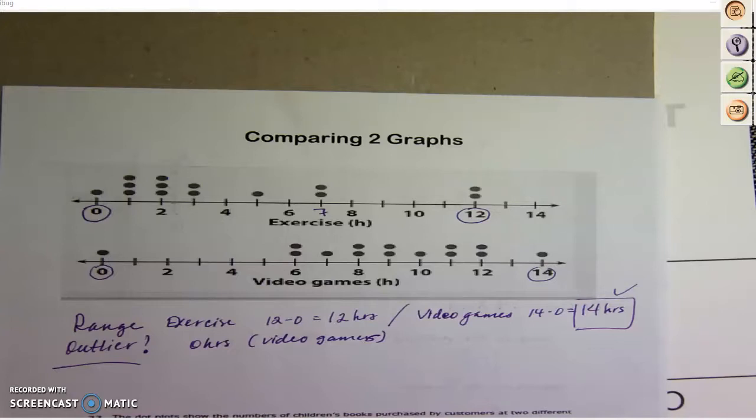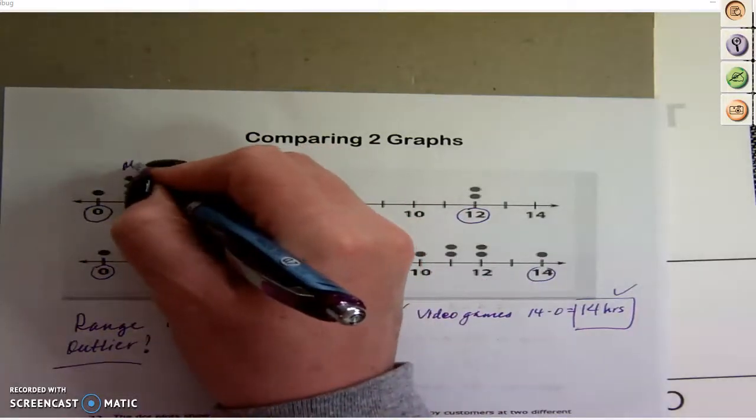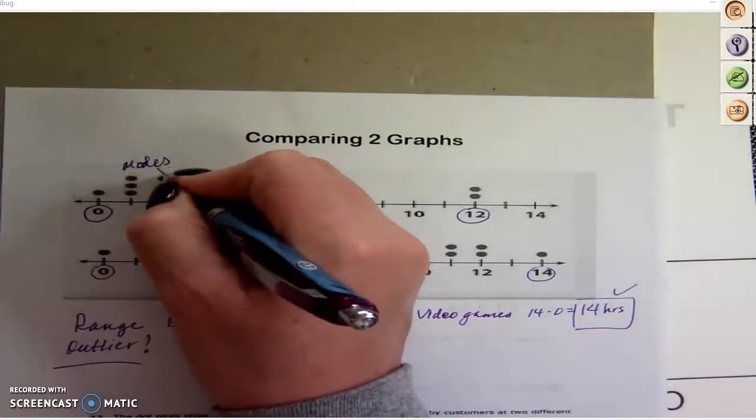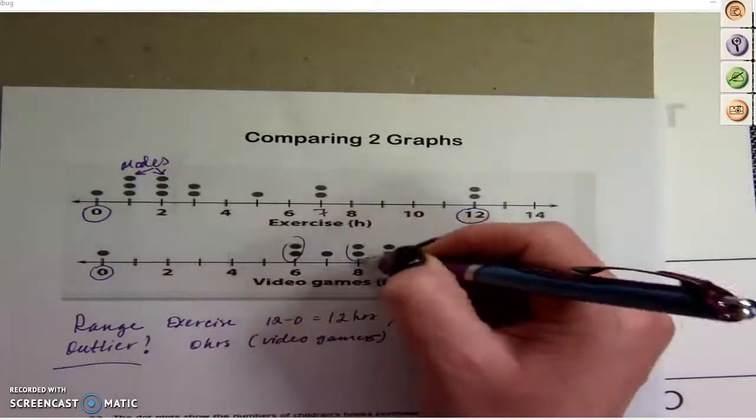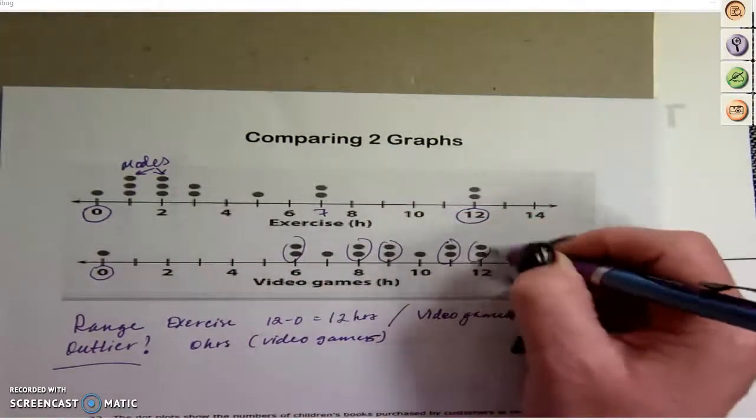So you could also be asked about the modes. So let's take a look at exercise. The exercise does not really have one mode. It has 2 modes, 1 and 2 hours. That was the most frequent response. In our video games, and this is when it's going to get kind of crazy silly, because you have 1, 2, 3, 4, 5.